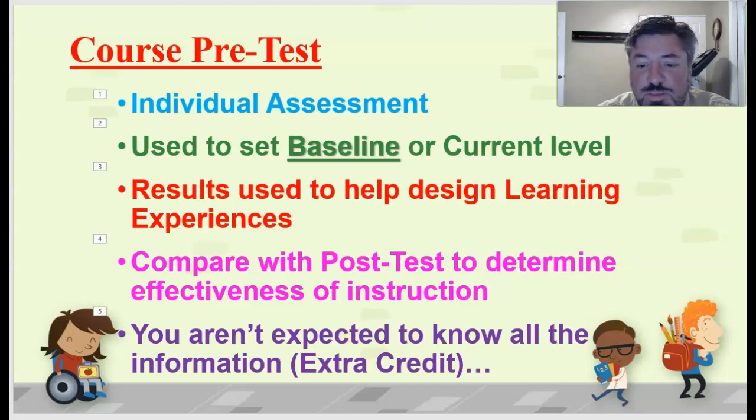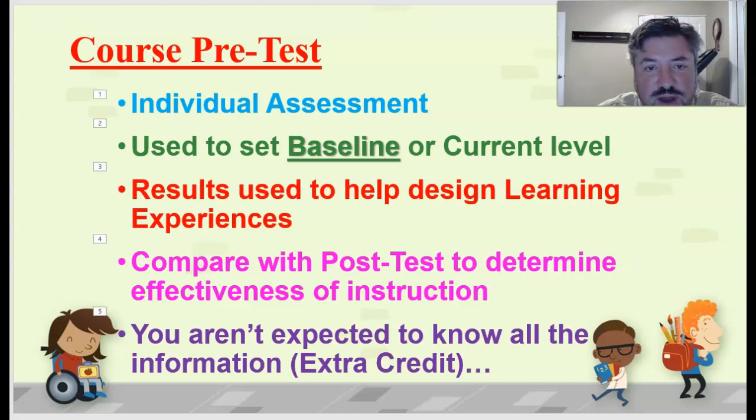Remember, you aren't expected to know all the information on the course pre-test. The course pre-test is worth 15 points. If you get everything right, you'll get 15 points. So it's a point per everything. There's 13 questions. One of them's a 3-part question, so it's worth 15. There is extra credit. If you complete the test by the deadline, you'll get 10 points of extra credit.